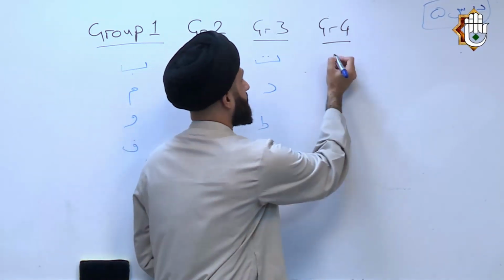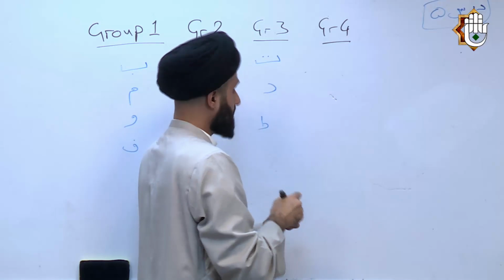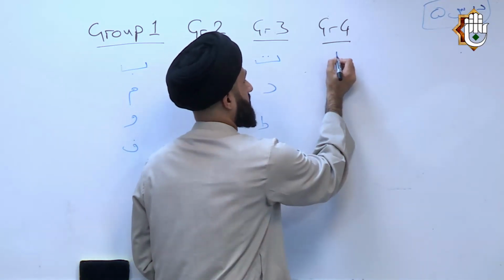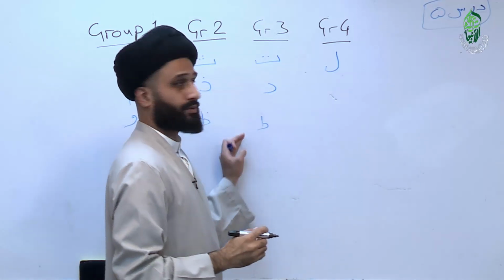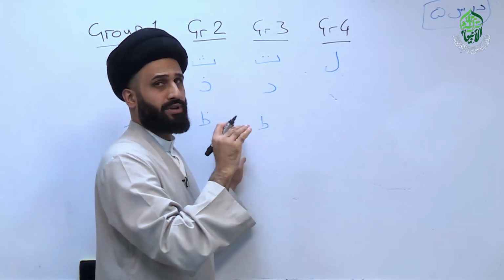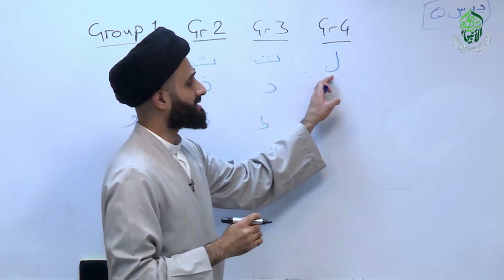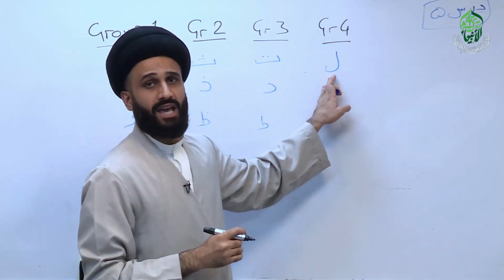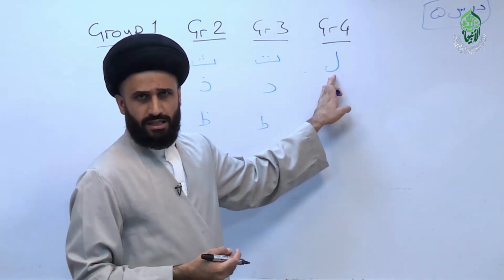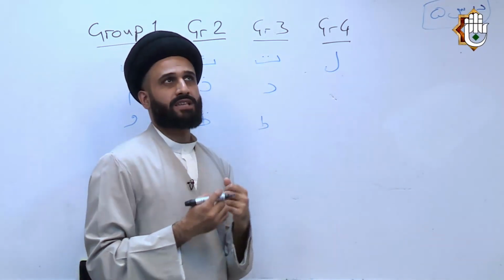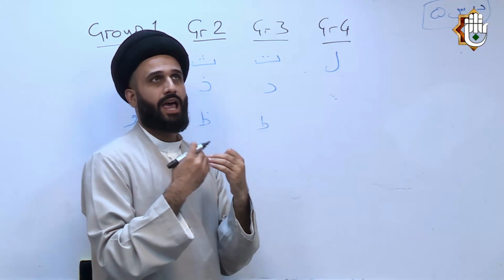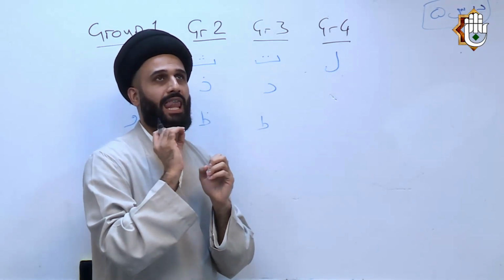These 3 letters, dear brothers and sisters, are almost at the same place where ta, dal and ta are coming from. But if you look at this letter, lam, we said it's similar to the English equivalent of L. If you think about when you're saying the letter L, just hold that there.